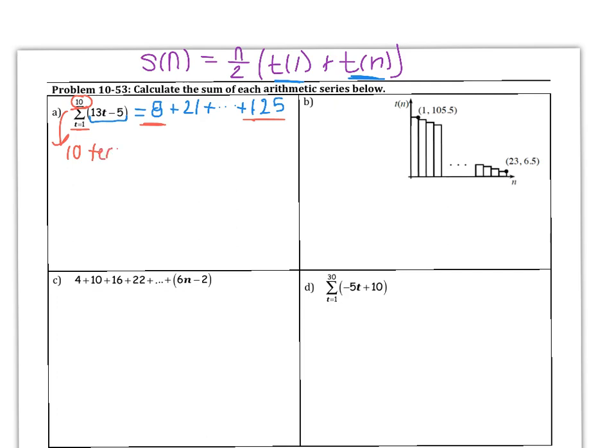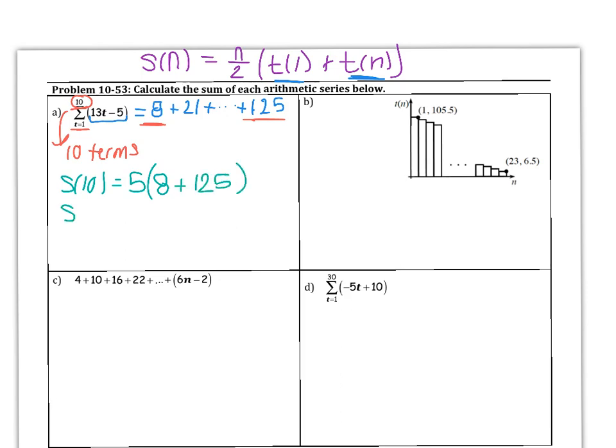So now we can apply all this information to how we already know to find the value of a sum of a series. I'm going to use this notation. The sum of the first 10 terms of this series is total terms divided by 2, which would be 5, times the first term plus the last term.